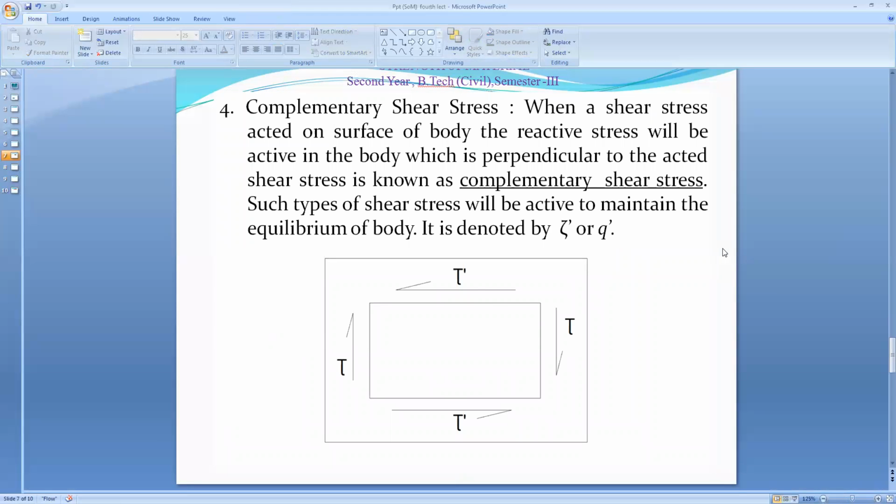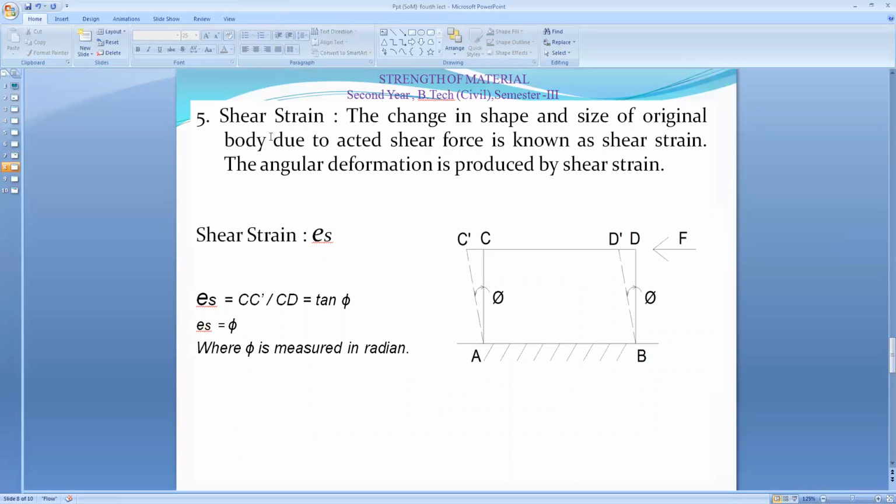The next point is shear strain. As there is an occurrence of shear stresses, how do we calculate the stress? The load divided by the concerned area.